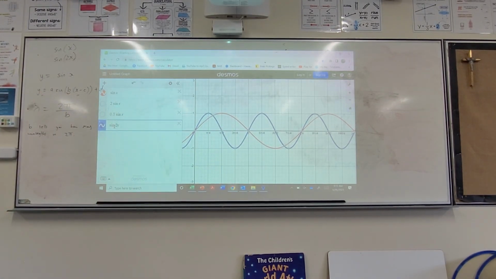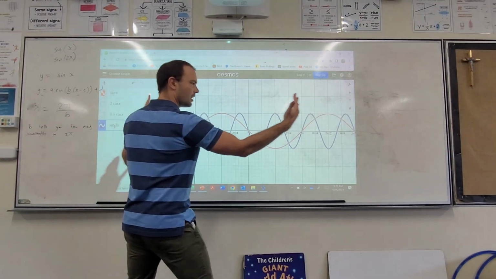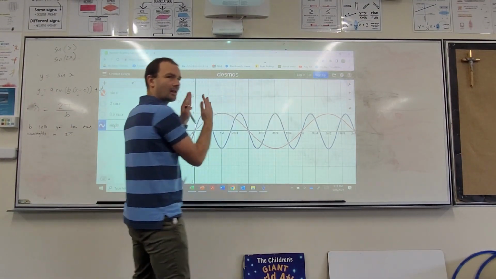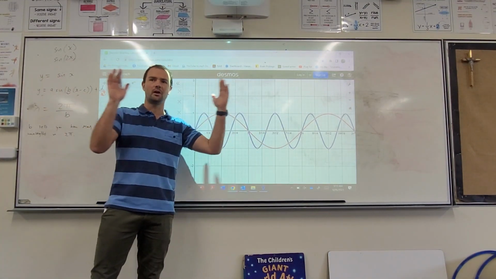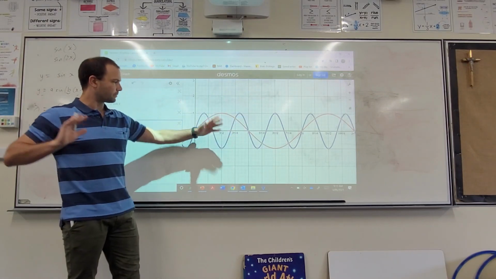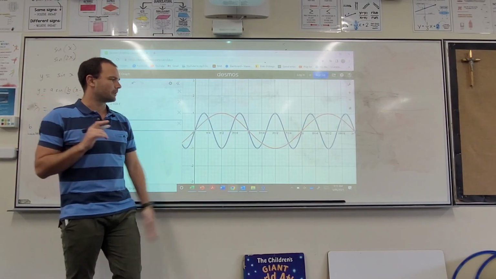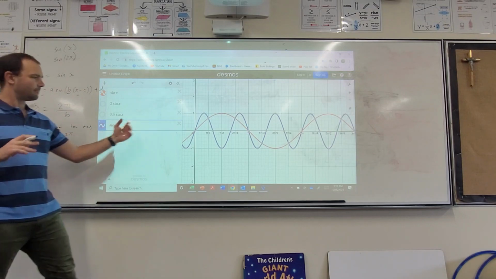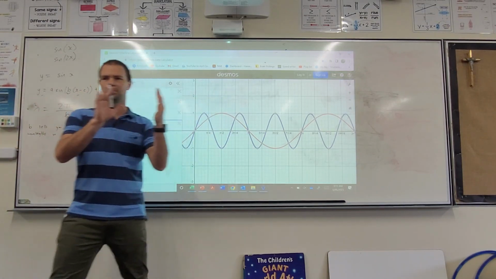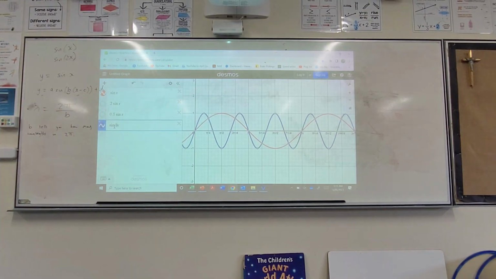There's going to be 3 wavelengths. And so what this number out the front is doing is our horizontal dilation. Horizontal compression and dilation. So it's bringing it closer together and stretching it further apart. So the larger this number, the more wavelengths we have in 2 pi. The smaller this number, all right, so what's next? Sine of half x. That means we're going to have half a wavelength in 2 pi.